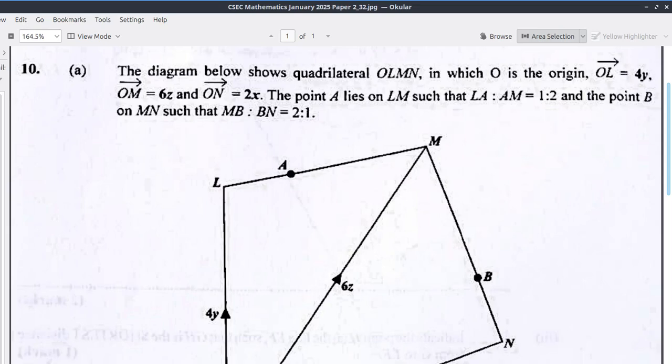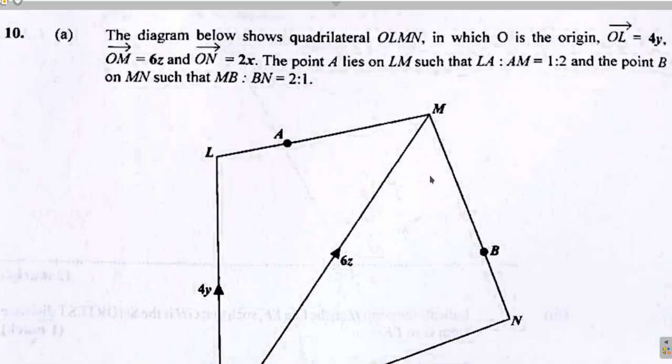We are now at question 10 of the January 2025 CSEC Mathematics, paper 2. Alright, let's look at it over here. I copied the diagram here already.